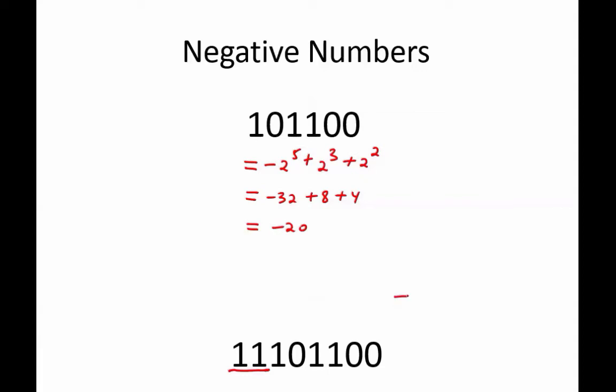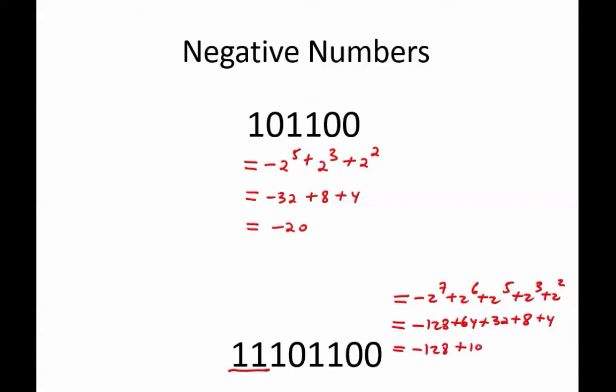This number is equal to negative 2 to the 7th plus 2 to the 6th plus 2 to the 5th plus 2 cubed plus 2 squared, which is equal to negative 128 plus 64 plus 32 plus 8 plus 4, which is negative 128 plus 108, and that is equal to negative 20.